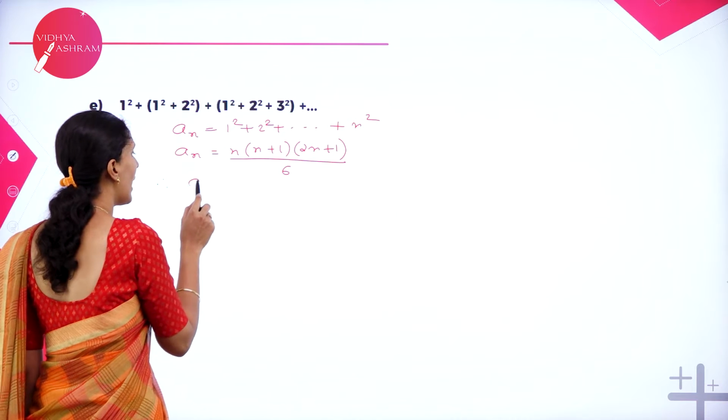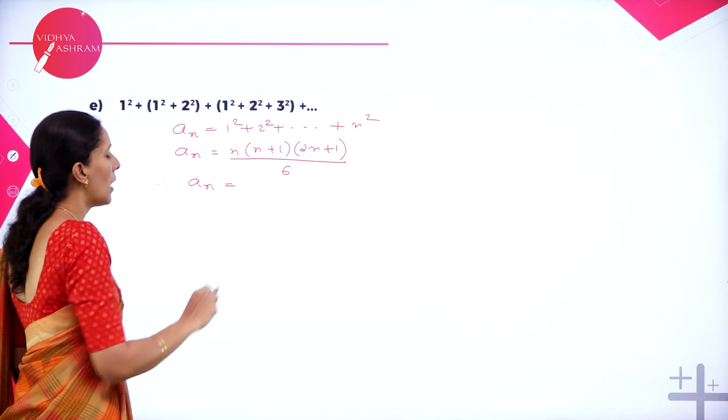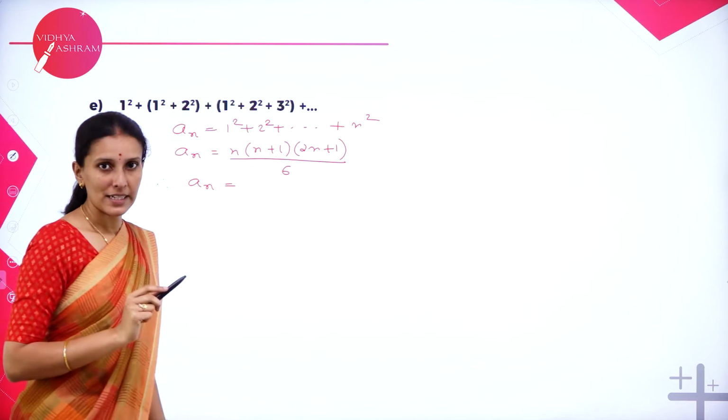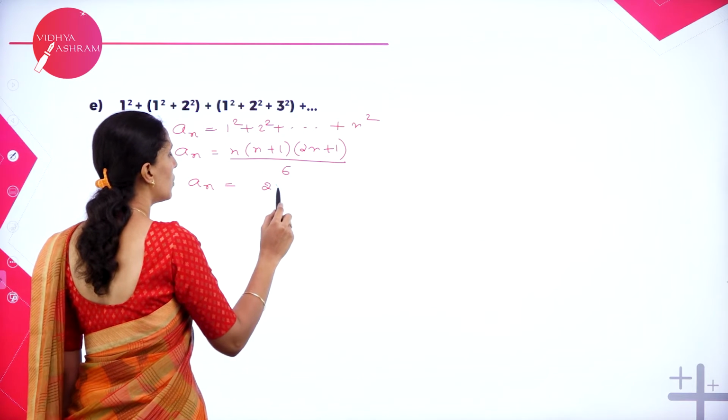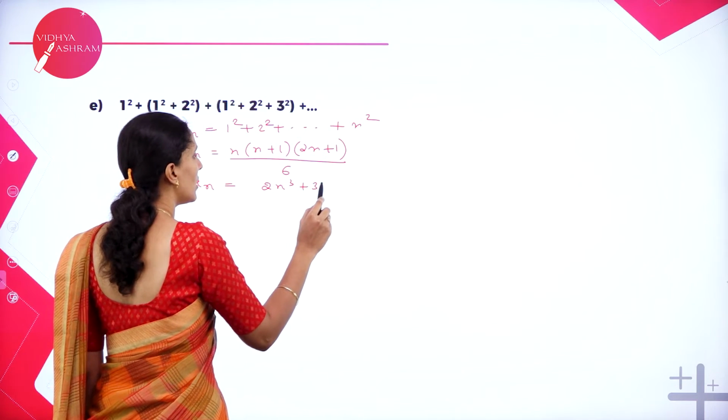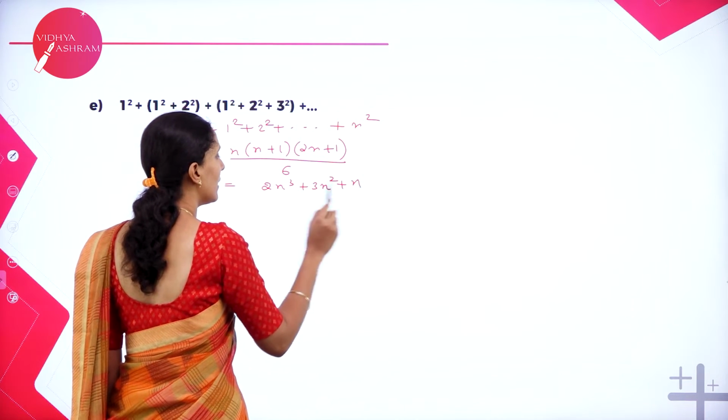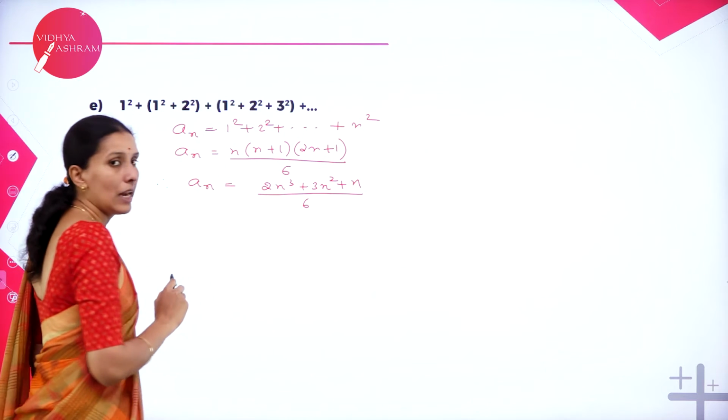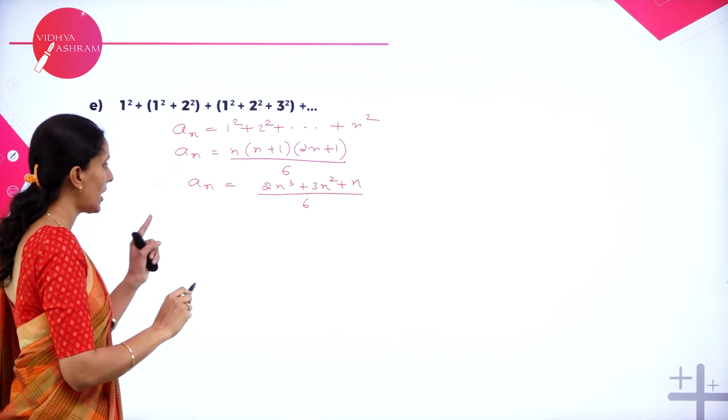So therefore an is, multiplying this and dividing by 6, we get this as 2n cube plus 3n square plus n divided by 6.